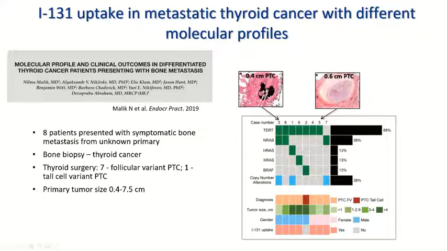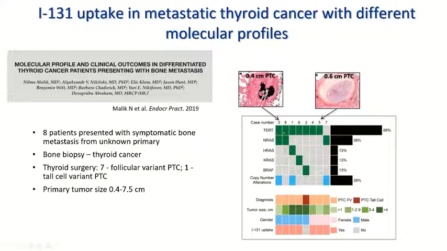Remarkably, every other patient had radioactive iodine sensitive disease, including those that had RAS and TERT mutation. I think that one of the important findings of this series indicates that TERT by itself is unlikely to determine the sensitivity to radioactive iodine.